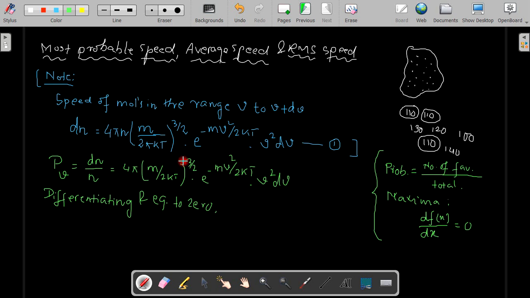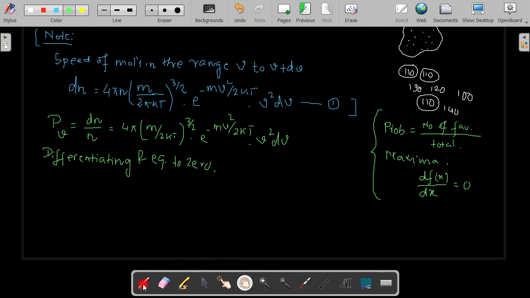So we can differentiate this entire term, and you can see the terms that we are basically going to have. So let's do it. If I want to find out the most probable velocity, I can take dp by dv, because v is the variable here, and equate it with 0.